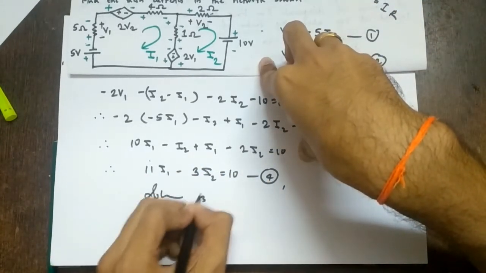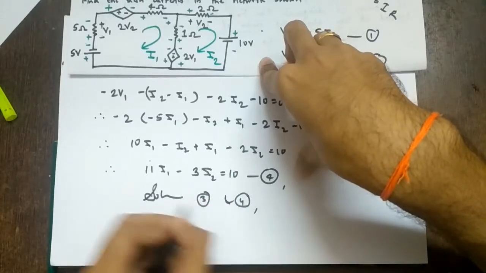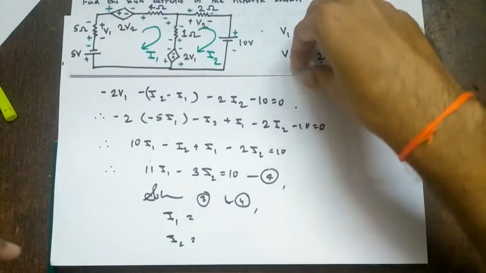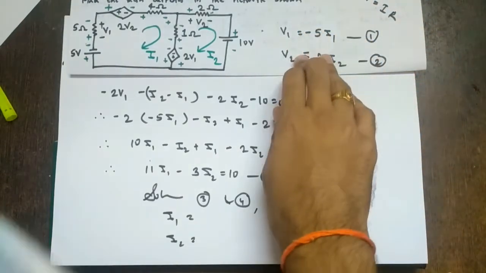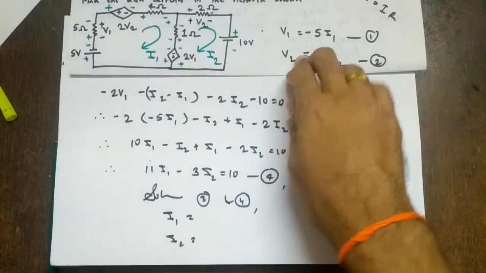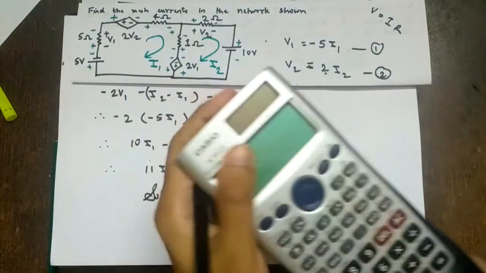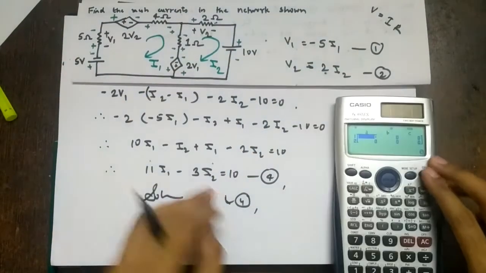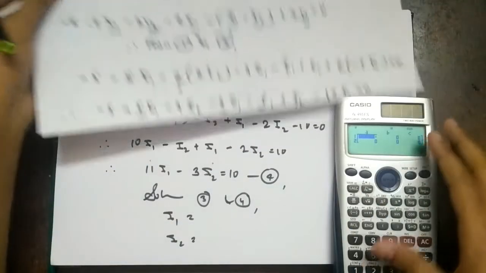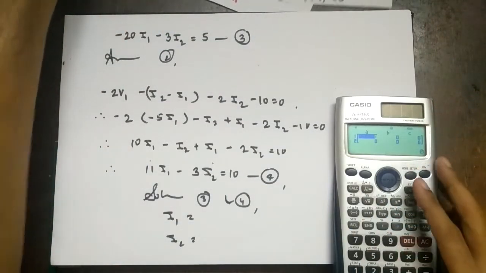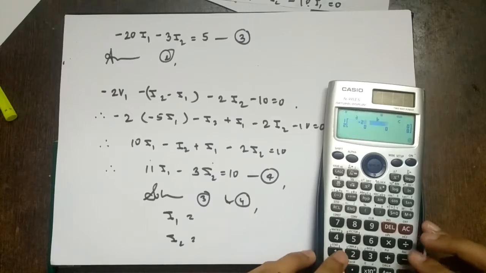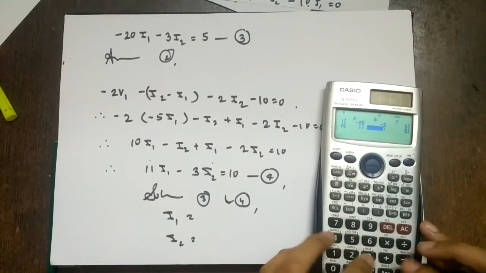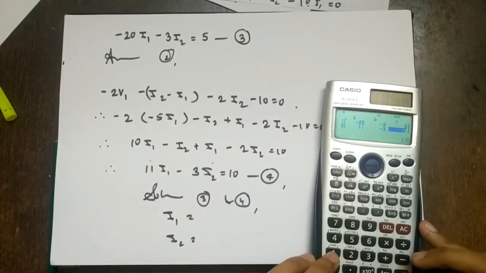So I've got the two equations. Solving equations 3 and 4, what will we get? I1 and I2. That's what is the question: find the mesh currents. So first equation was this, minus 20 minus 3 5, 11 minus 3 10.